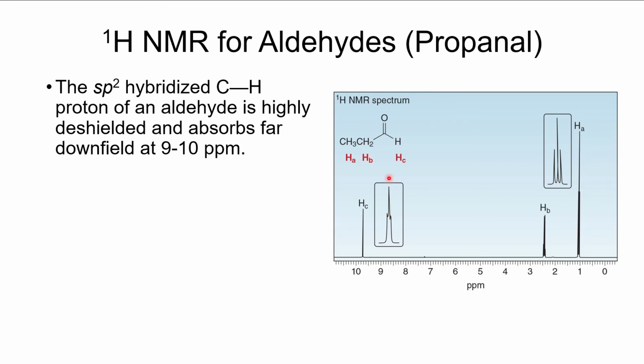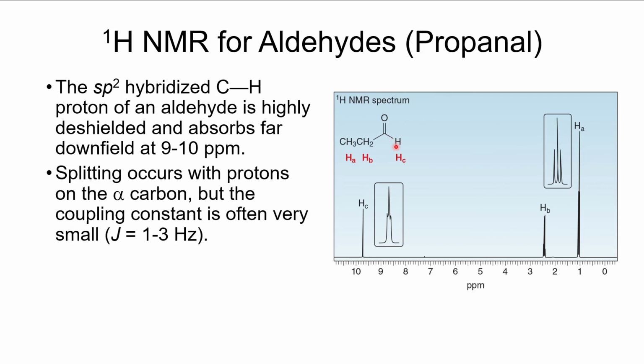What that tells us is that the coupling constant between this hydrogen and these 2 hydrogens is very small. And so typically between your aldehyde hydrogen and the alpha hydrogens, that coupling constant is only going to be 1 to 3 hertz, which is very small compared to typical coupling constants that we see.